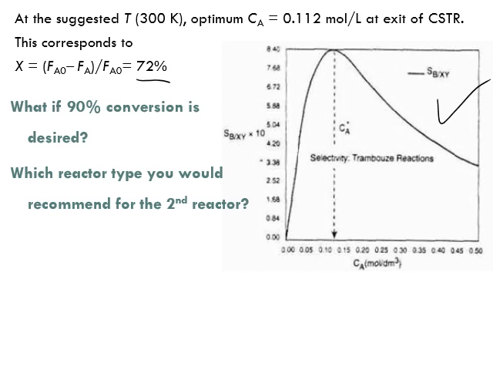Now the question is, what if 90% conversion is desired? I don't want to stop at 72% conversion. I want to go to 90% conversion. So that means I'll need to use another reactor.